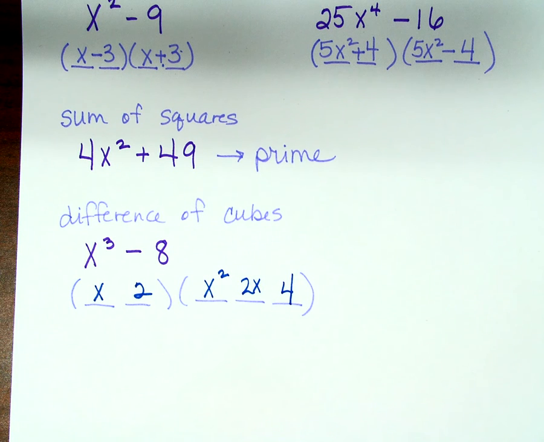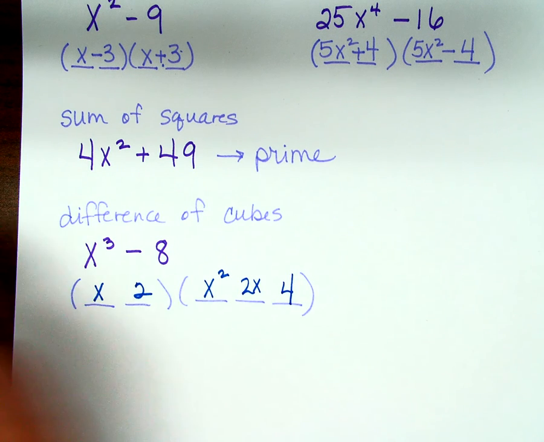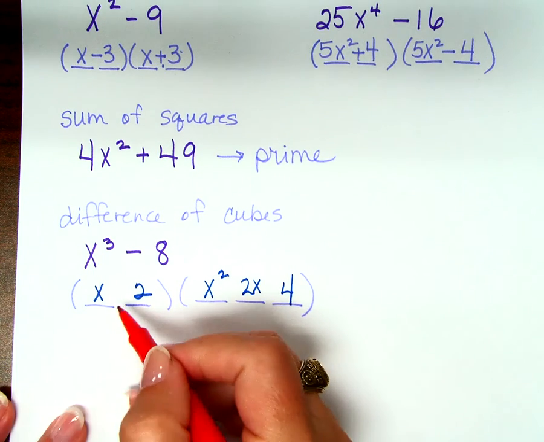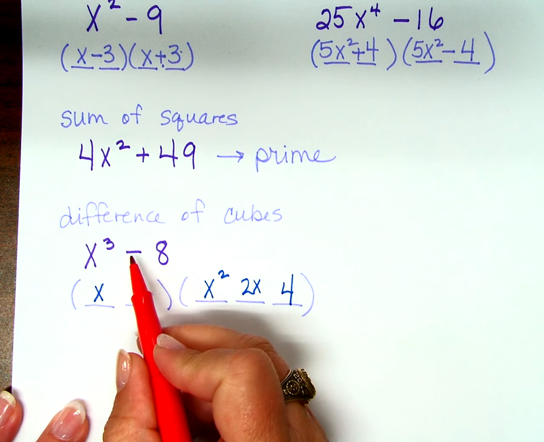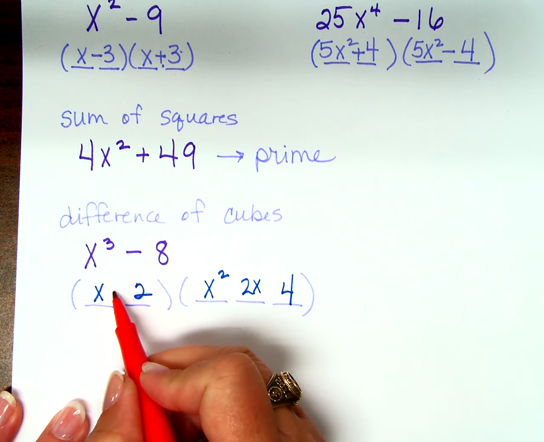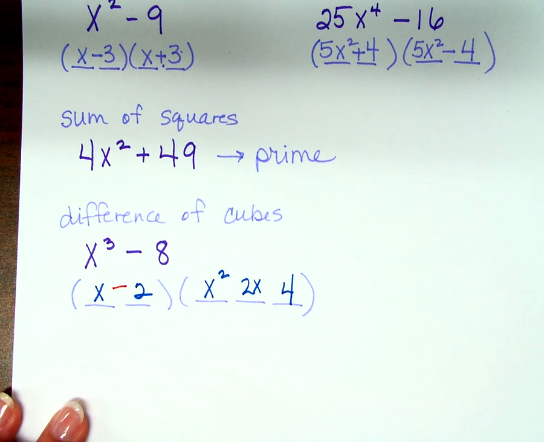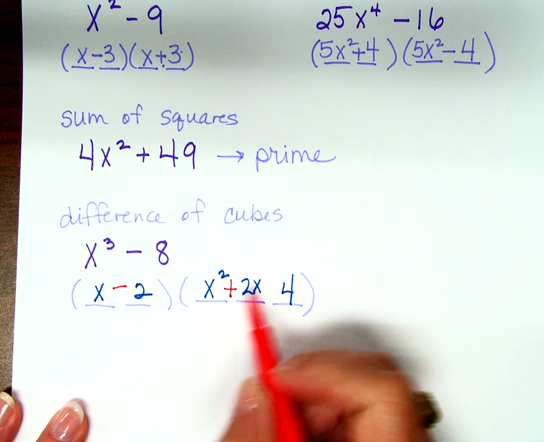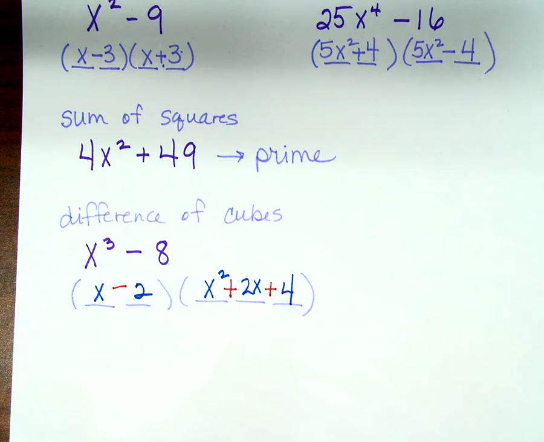So what are we missing? The signs, okay? Here's the pattern of the signs. In the binomial is the same sign as the problem. The next sign is opposite of that, and the last sign is always plus.